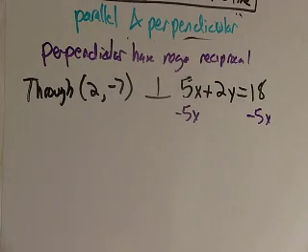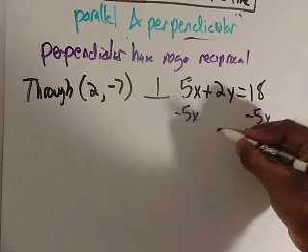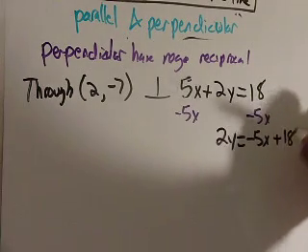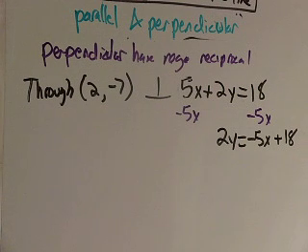So I subtract 5x from both sides, and so I'm left with 2y is equal to negative 5x plus 18. And then what do you need to do next to get y by itself? Divide everything by 2.